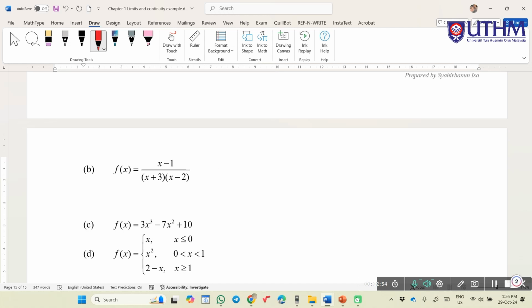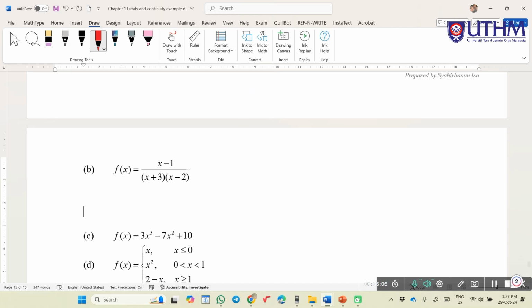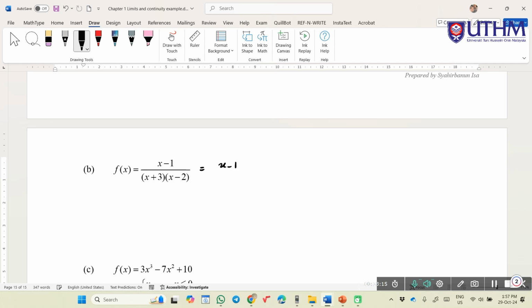Okay, the function is undefined when the denominator equals 0. This function must be undefined when x minus 1 equals 0. Alright, so we can check when the denominator of the function is 0.